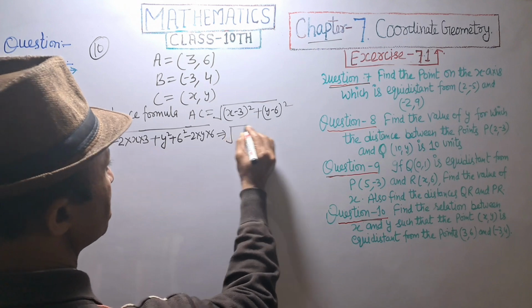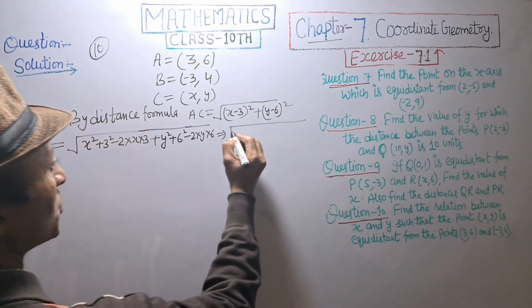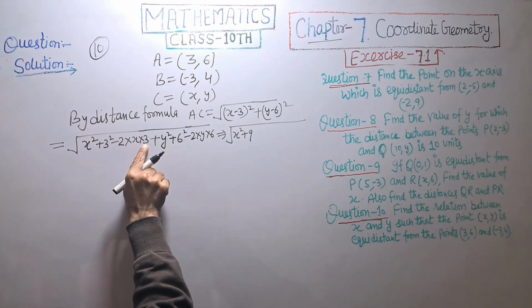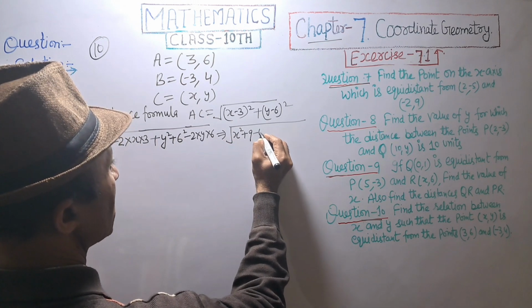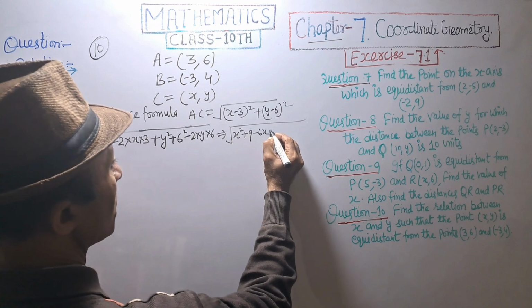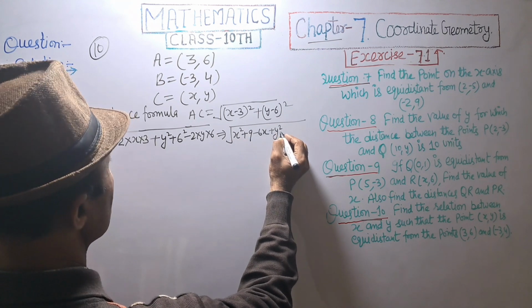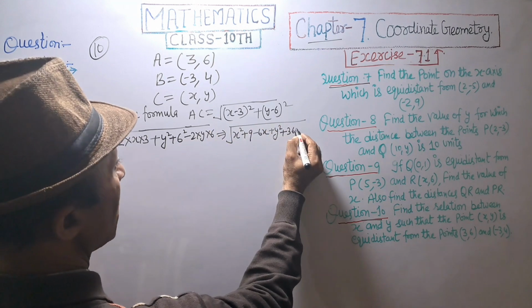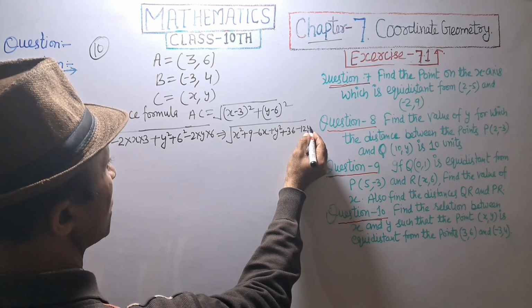This implies x square plus 3 3s are 9, 3 2s are minus 6x, plus y square plus 36, 6 6s are 36, and 6 2s are minus 12y.